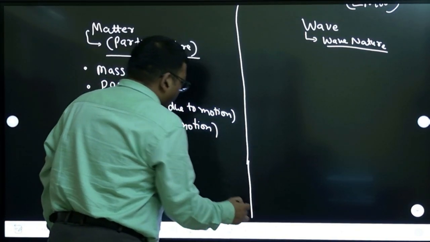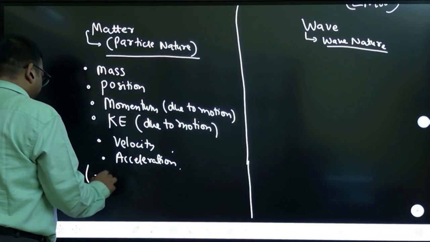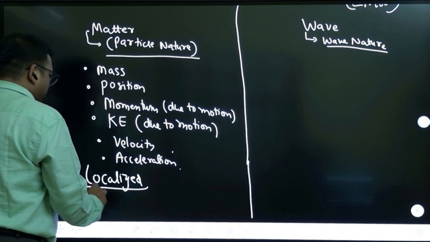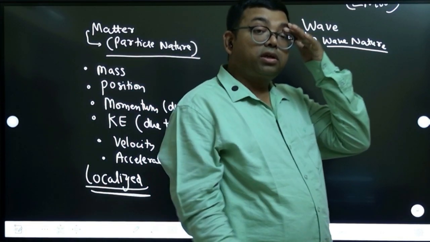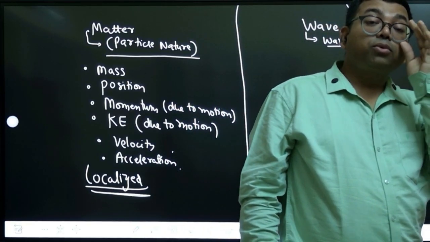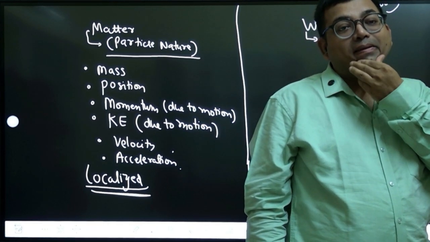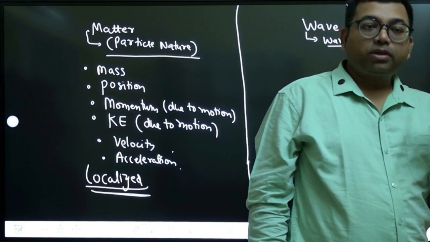All these things will be defined for particles, or matter. And here the first important thing is that it will be a localized thing. Localized means at a given instant it will have only one position. It cannot have more than one position at the same time. For example, if one object is here, at this time it has to be here only.